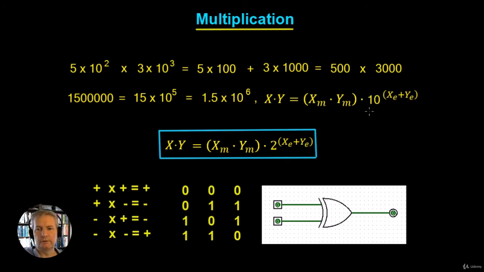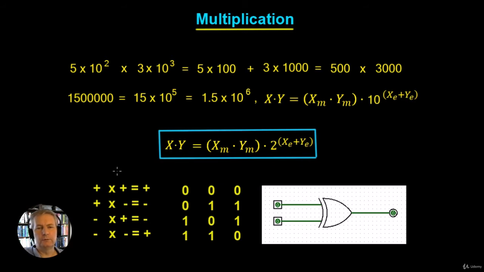So using the radix 2, we can write that x times y is the multiplication of the Mantissas times 2 to the power of the addition of the exponents. So that's relatively straightforward. If we want to multiply two numbers, we multiply the Mantissas and we add the exponents.